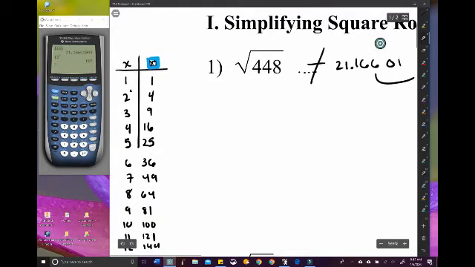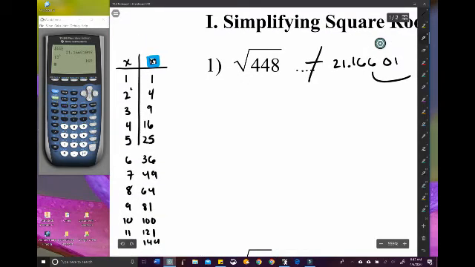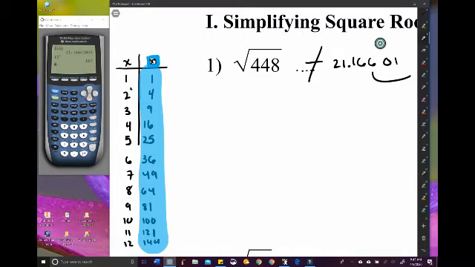Now, the idea with 448 is we want to look at these big perfect square numbers. I'm going to highlight them in blue. You ask yourself, which one of these is a factor of 448, or divides into 448.